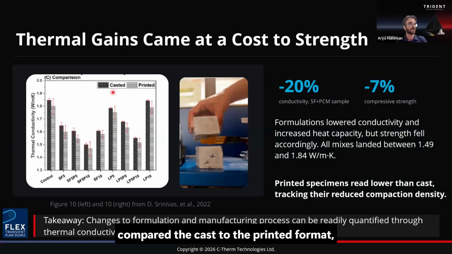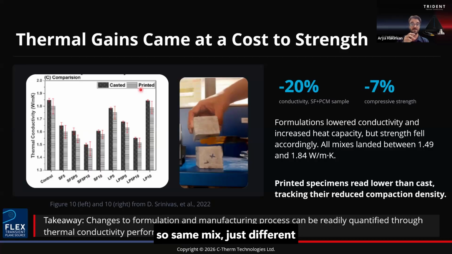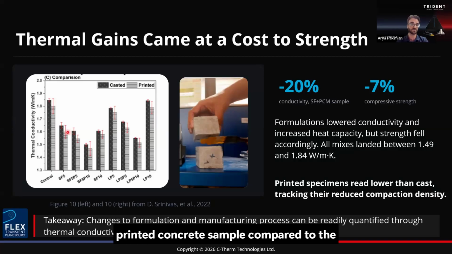And then when they compared the cast to the printed format, so same mix, just a different curing process and manufacturing path, you saw a consistent decrease in the printed concrete sample compared to the cast one, which they related to the overall compaction density noted throughout the formation process.